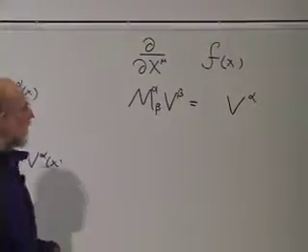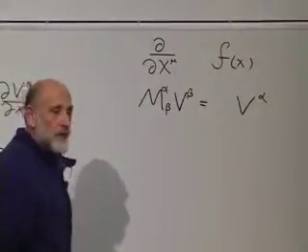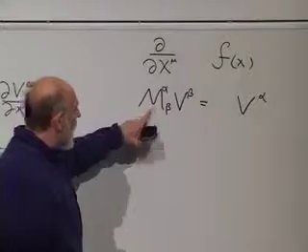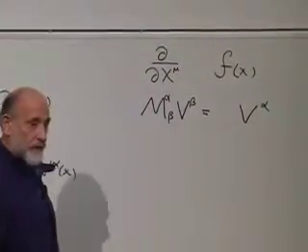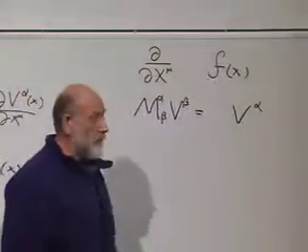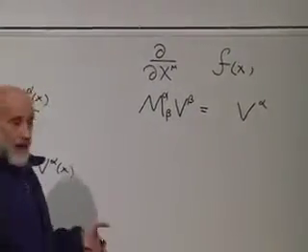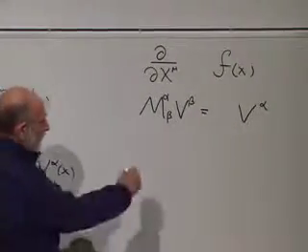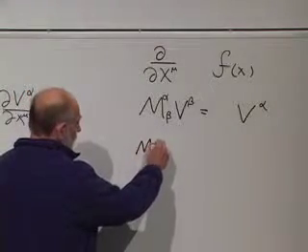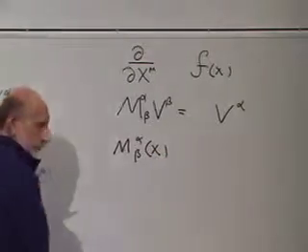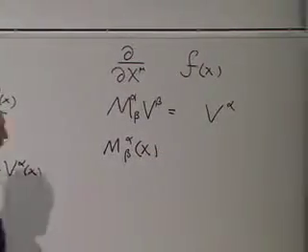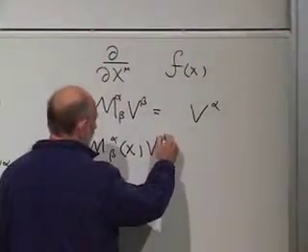So there are three examples. One of them is just multiplication by a numerical matrix. Another is differentiation. Another is multiplying by a function of x. We can even get fancier. We can take matrices M alpha beta, which themselves depend on position, and multiply by v beta of x.